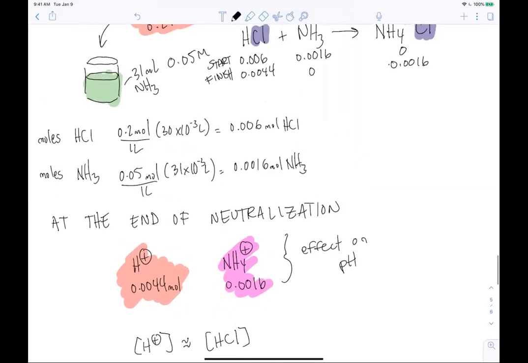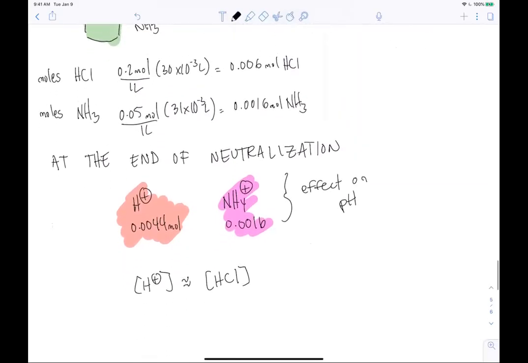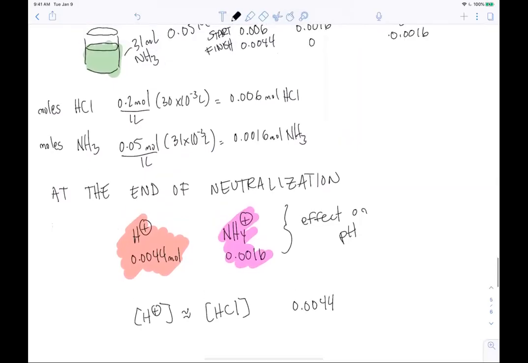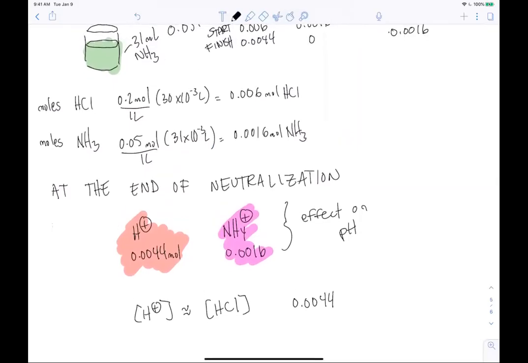And so you just need to be sure here that we're using the right volume. And so we start out with 31 of one and 30 of another.